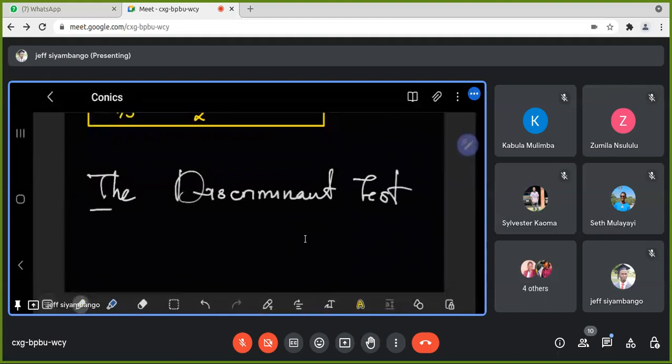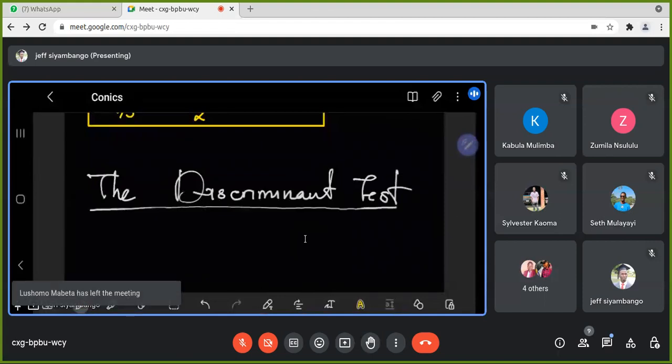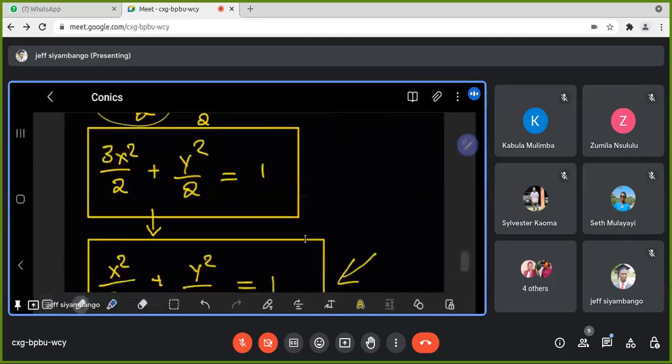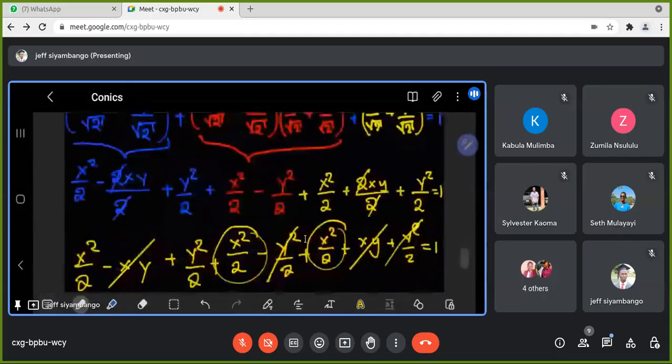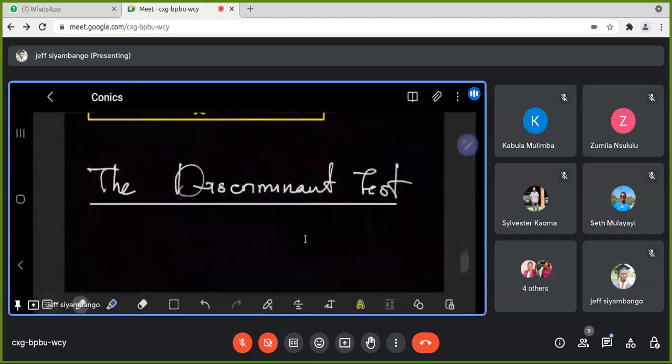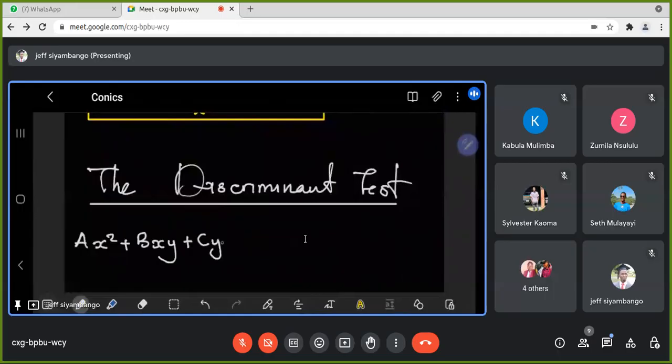You see, you won't manage every time, when you're given a conic section represented in this form, to rotate the coordinate system just to identify what conic section you're looking at. This is always going to be very difficult.